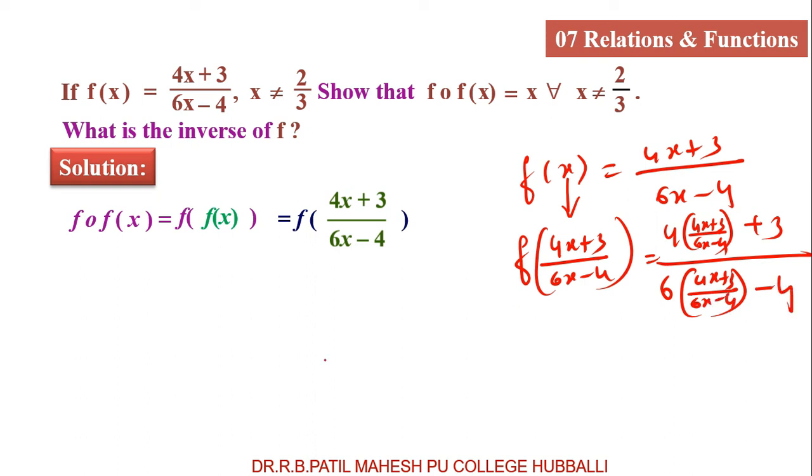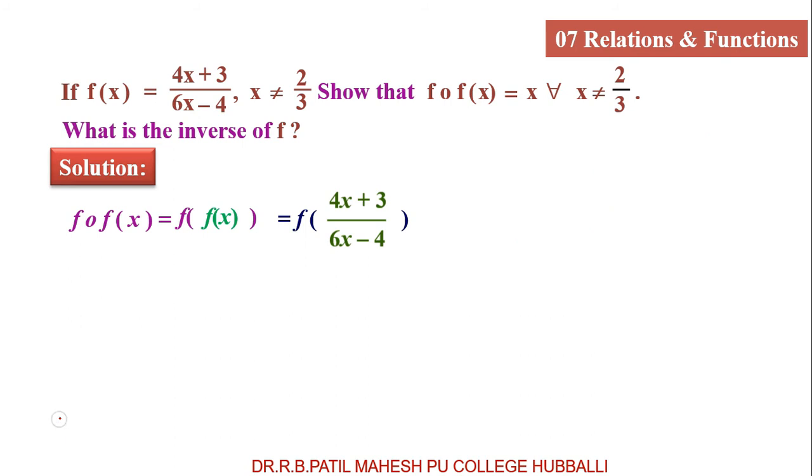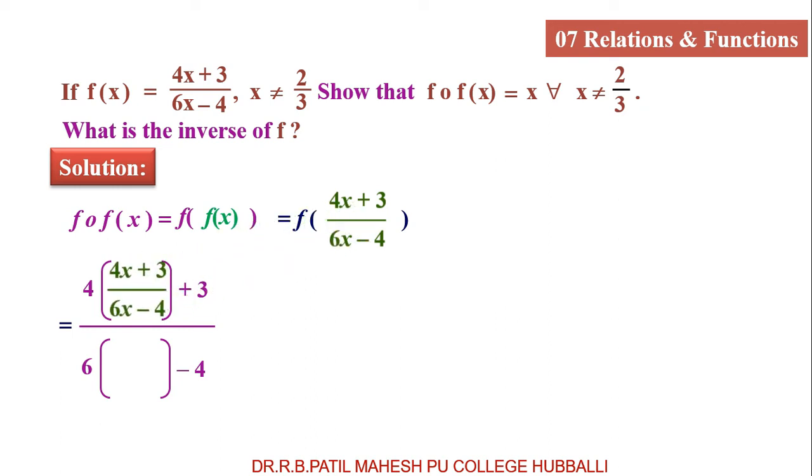So this I am going to show you in this slide now, so that you can observe it carefully. 4 into (4x plus 3) upon (6x minus 4), 6 into the same term minus 4. In the square bracket I am going to write (4x plus 3) upon (6x minus 4) as I showed you. In the denominator also (4x plus 3) upon (6x minus 4). If you simplify it, you will multiply 4 to the numerator.